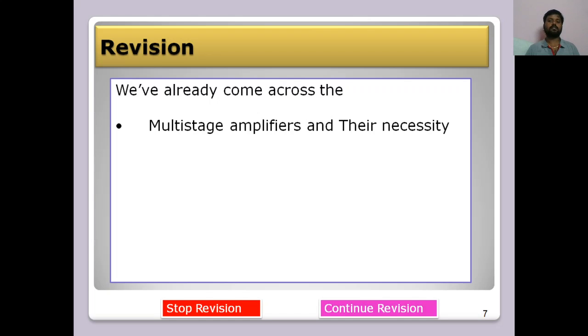Then what is the necessity of this multi-stage amplifiers? See, the output which is produced by the single stage amplifier is not sufficient to drive the load. So we need larger outputs to drive the load. To get higher gains, multi-stage amplifiers are necessary.